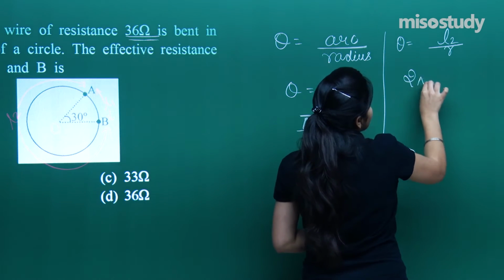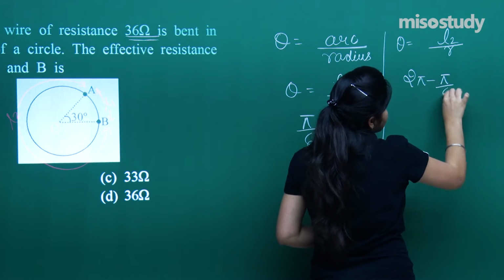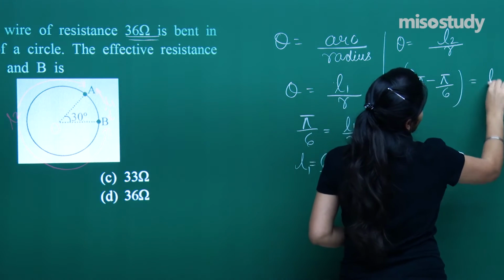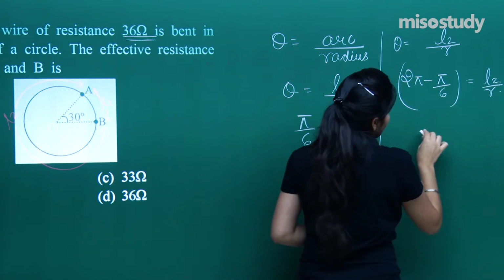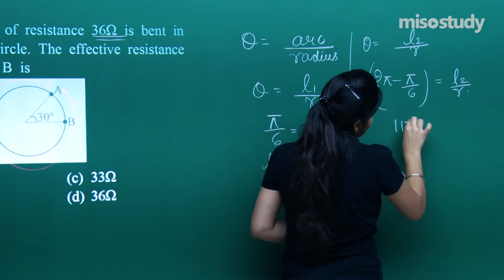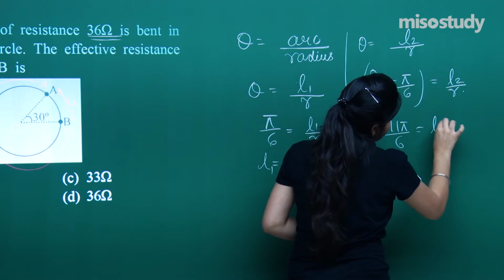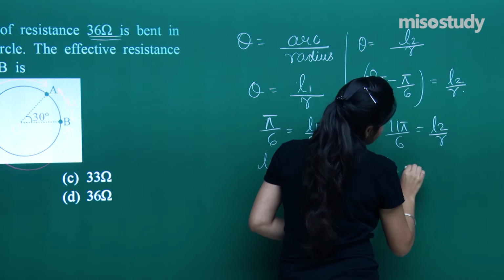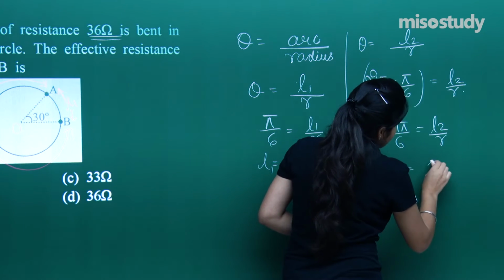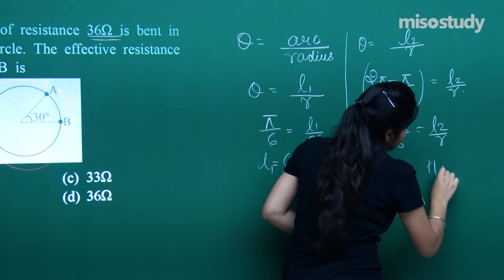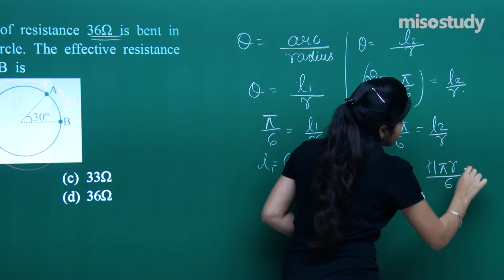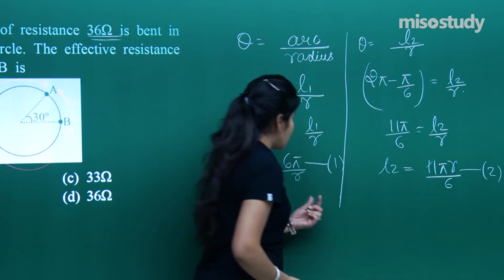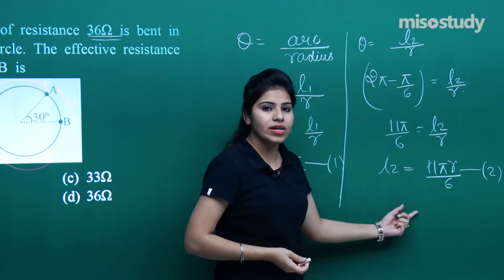So your theta here is 2 pi minus pi by 6, which equals L2 upon r. From here you have L2 equals 11 pi r upon 6. This is your L2. Now what do you have? You have L1 and L2.